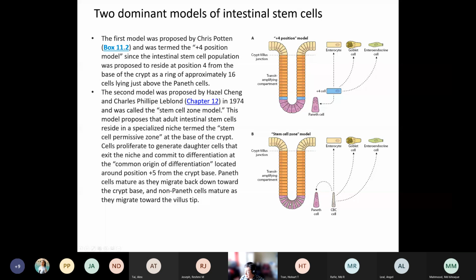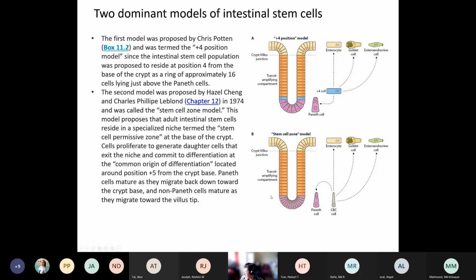They say collectively, the Paneth cell and another cell type will interact and eventually give rise to new cells that can replace other cell types within the lining of the small intestine. But they describe that at some place, that place is quite similar to the place of the +4 position. In their model, they say at position +5 of the crypt base, you have a common origin of differentiation.